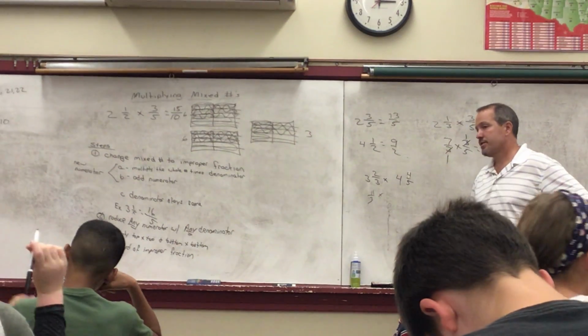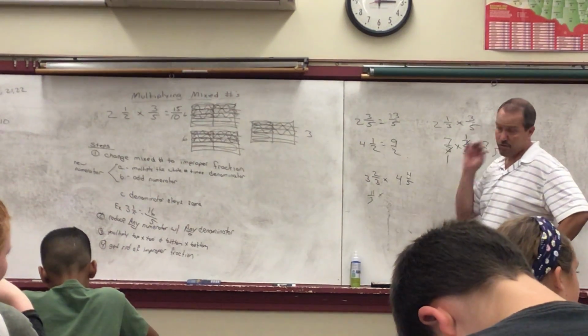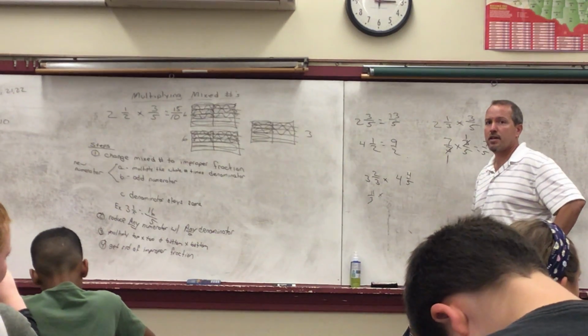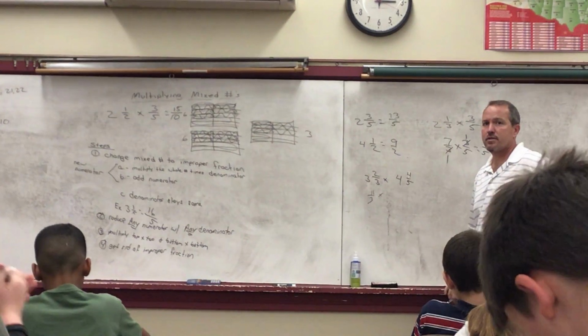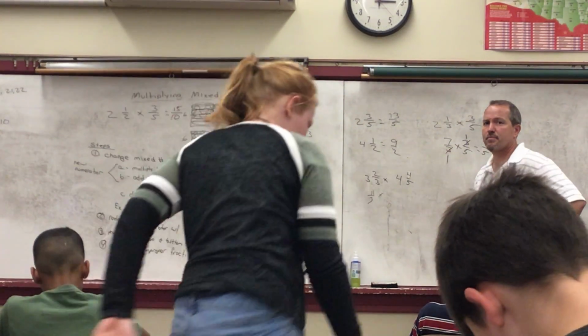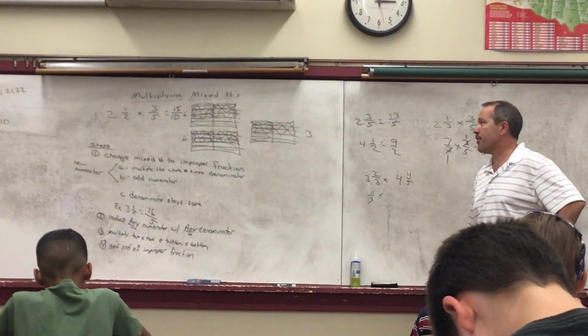Alyssa, you take 4 times 5 and then you add 4. Colton, 4 times 5 is 20, and then what? What did Alyssa tell you to do? It's not hard, Colton.